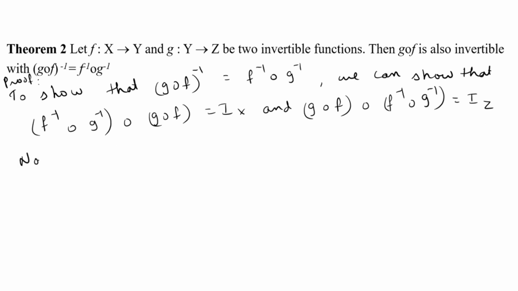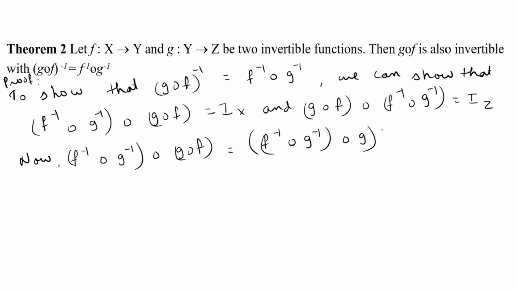So we will take the first one, f inverse of g inverse of g of f, is equal to f inverse of g inverse of g of f. This is by the previous theorem, by theorem 1.